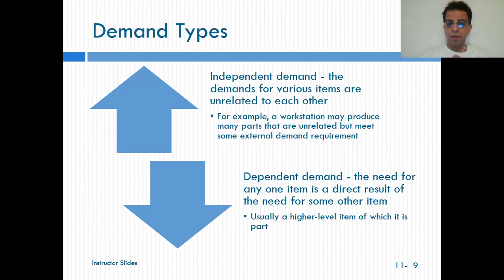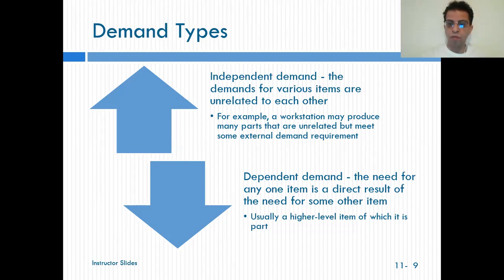Demand types: there is independent demand and dependent demand. Independent demand is when the demand for various items is unrelated to each other. For example, in a workstation, you may produce many parts that are not related, but meet some external demand.